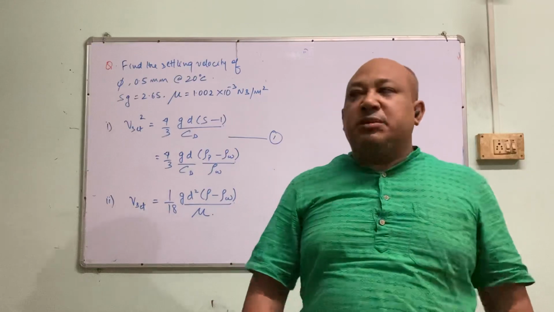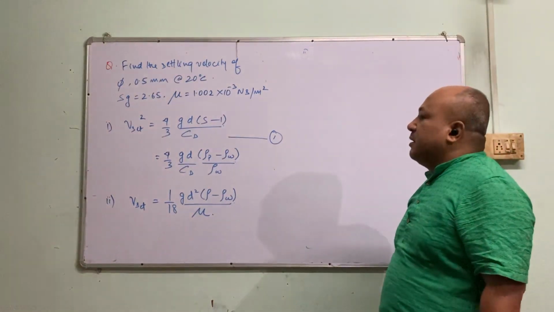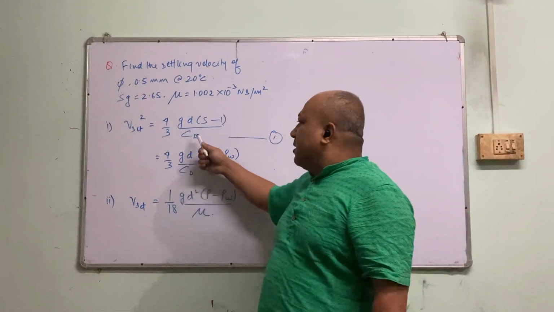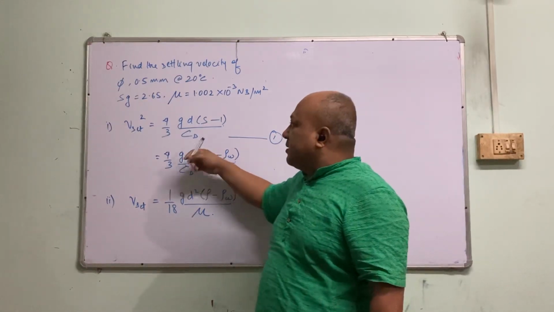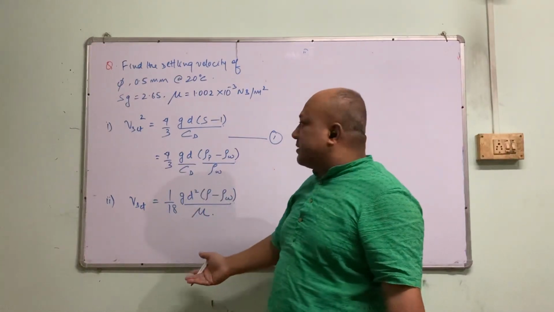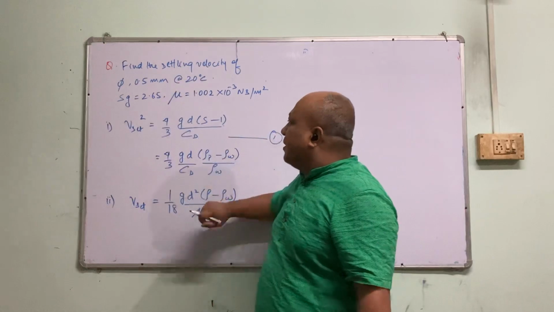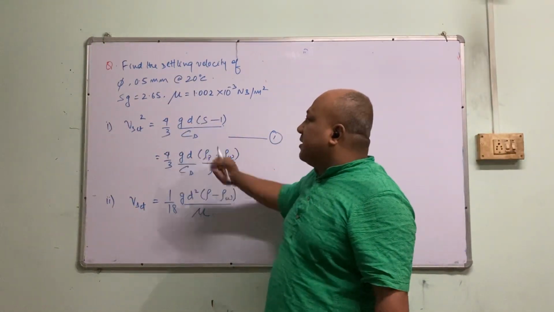Now the question comes, which equation are we supposed to use? From here the problem will start solving. We are supposed to find the settling velocity. But if we use the first equation, we have to know the value of CD. Let's assume we use this because we don't know what type of flow it is. G we have, d we have, specific gravity we have, but CD is there.